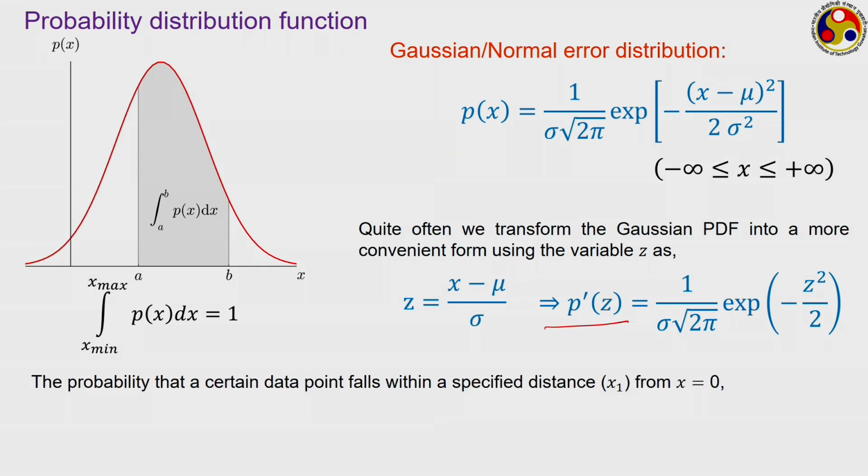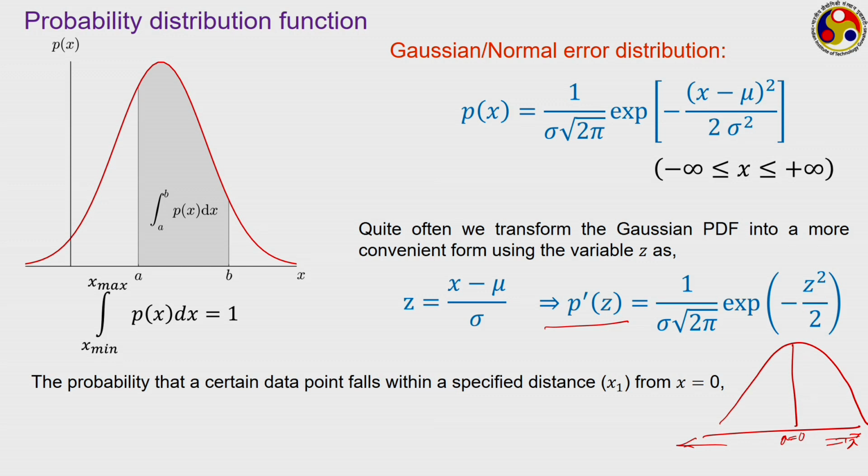Now, the probability that a certain data point falls within a specified distance x1 from 0. Before doing that, if we see the Gaussian distribution as the range of x is minus infinity to plus infinity, the plot of p(x) will be somewhat like this. This is your x, we are going to minus infinity on this side, plus infinity on this side, and this is x equal to 0 where we have the peak of this curve.